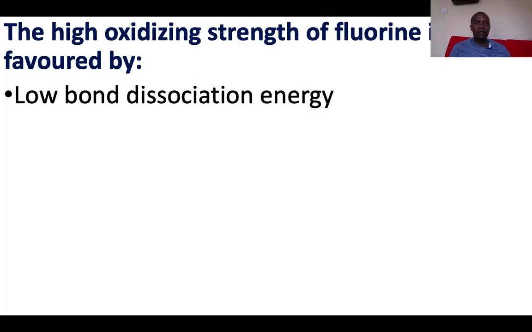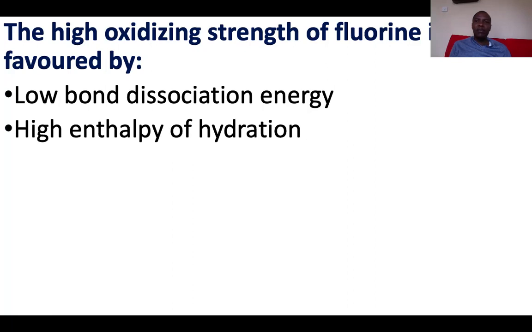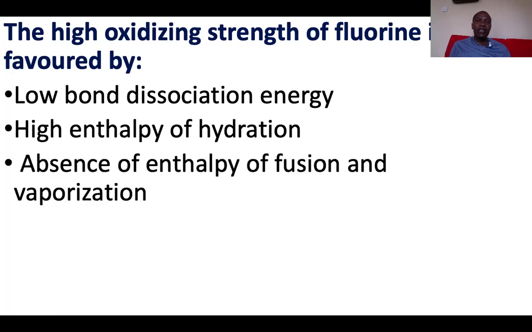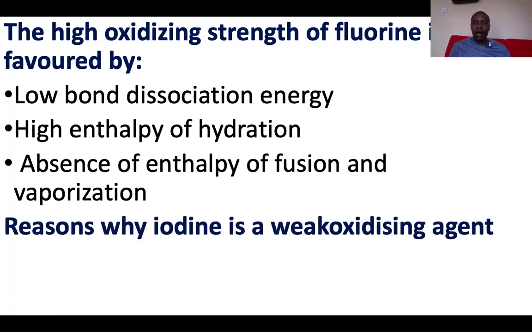If it can easily break, it means it can easily bond with anything else, and that shows that it can easily oxidize other substances, because we've already said that it's an oxidizing agent. Two, high enthalpy of hydration, and absence of enthalpy of fusion and vaporization. It doesn't have enthalpy of fusion, that is, formation of ice, or evaporation. No, there is nothing like that. So those are the reasons why we expect fluorine to be a strong oxidizing agent.